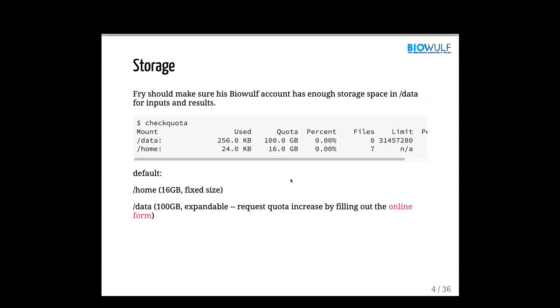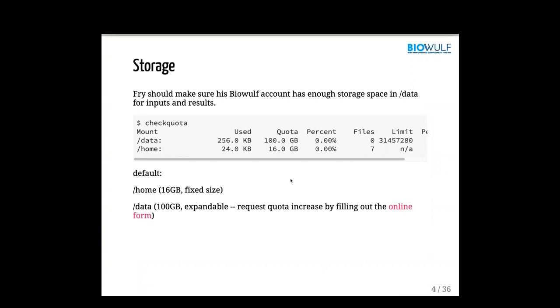Okay, the first thing is storage. Before doing any analysis, the first thing Fry should plan is how many inputs and outputs he will have, and if there will be temporary files, he might choose to use the local scratch, which is in the next slides.